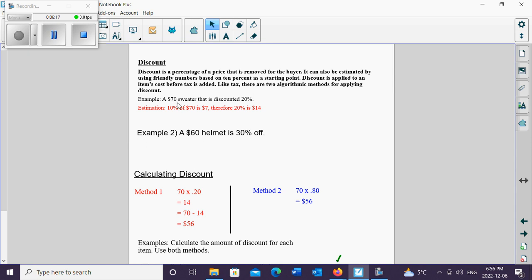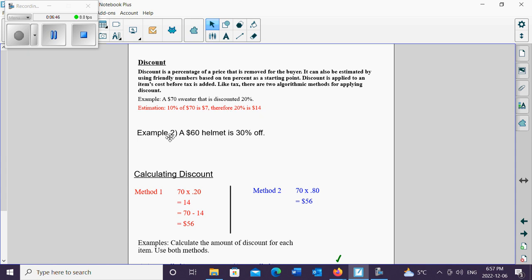So if a $70 sweater is discounted 20%, we first figure out what 10% of 70 is. And 10%, which is decimal 1, times 70, is going to equal 7. So if 10% is 7, 20% would be 14, because 20% is twice as big as that, so 14 is twice as big. 10% is $7, so 20% would be $14.